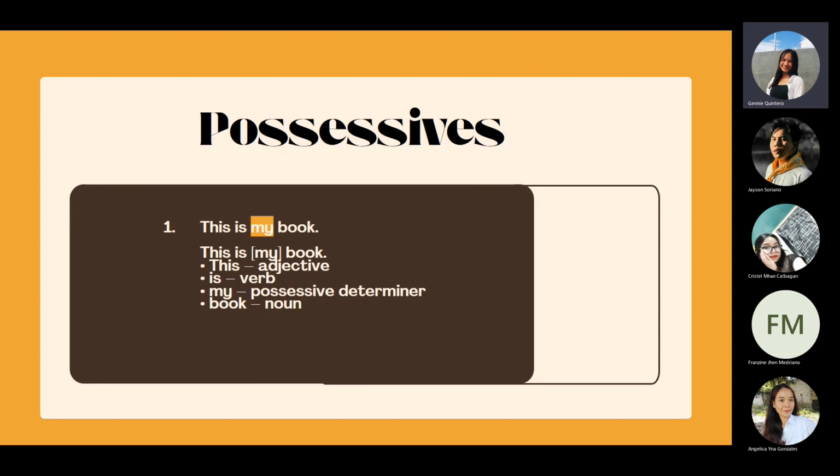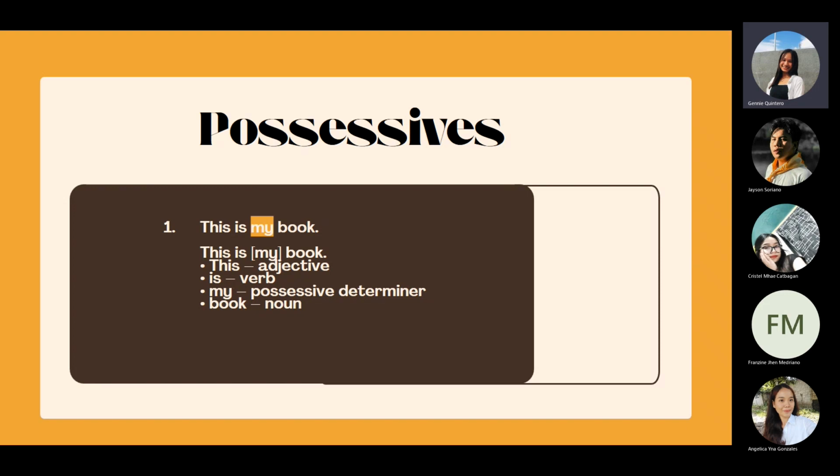The word my has been put in a bracket because my falls under the structure word possessive, which tells about the ownership of nouns. The question is, how did the possessive happen?